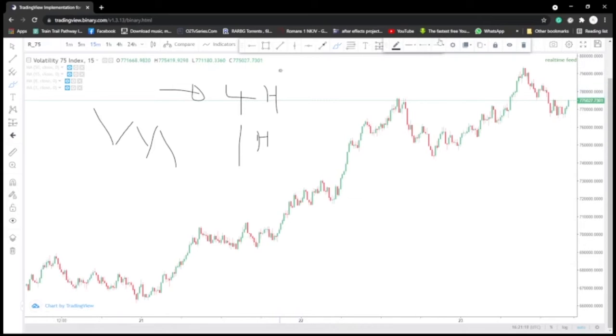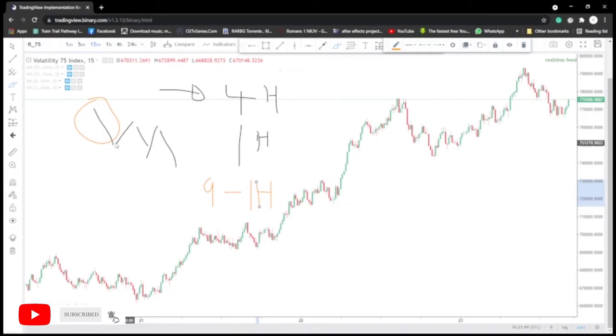If you can remember, I said within this 4 hour, this level, let me change my color to orange, I said that this one level is created by 9 levels of 1 hour. 9 levels of 1 hour, guys, create only one level of a 4 hour.